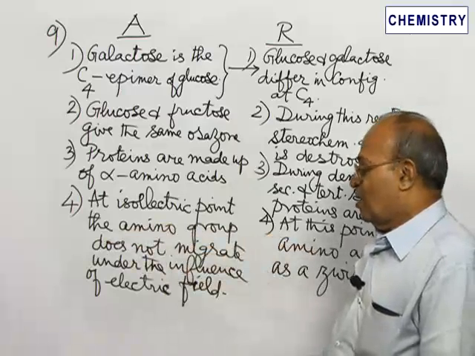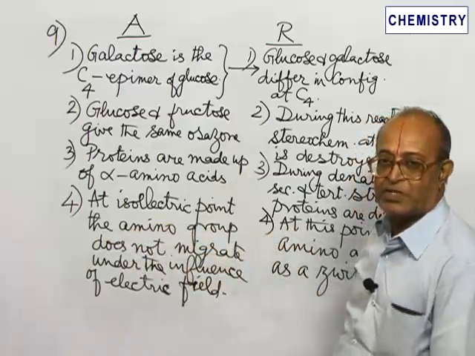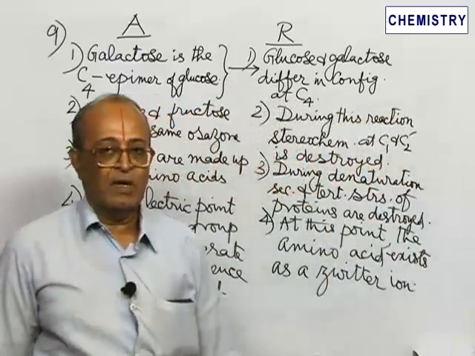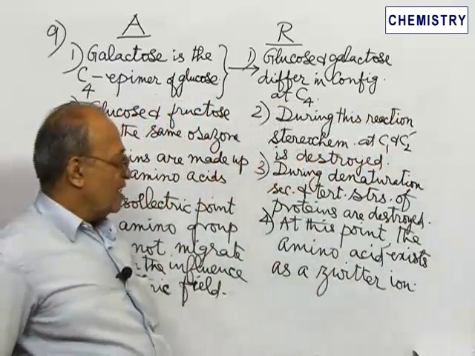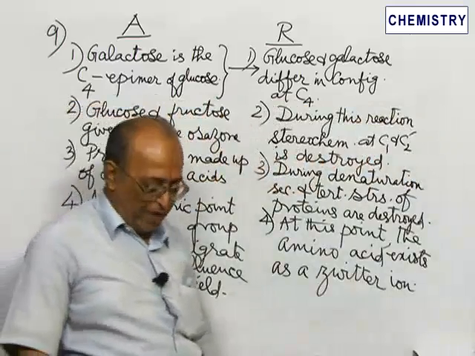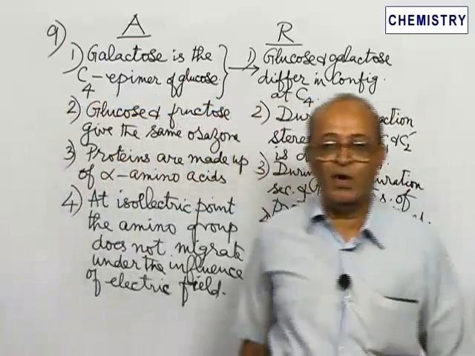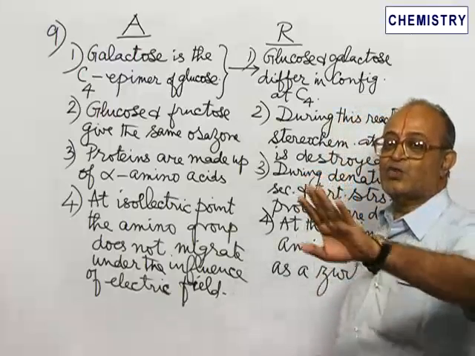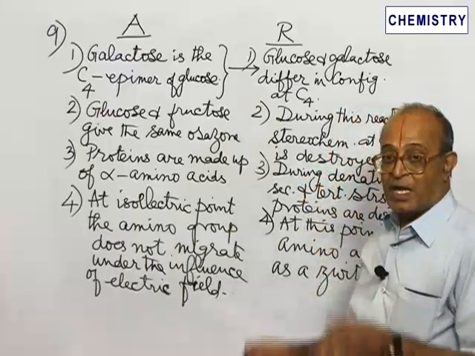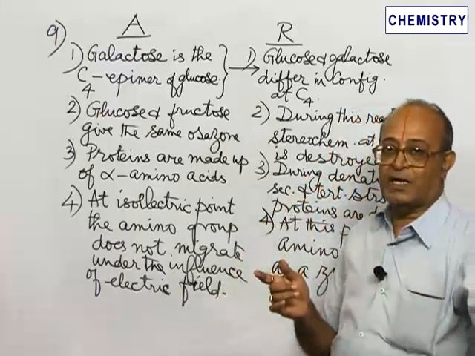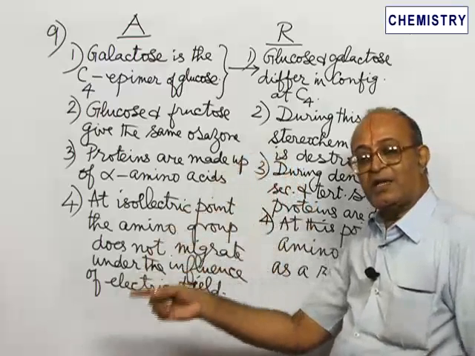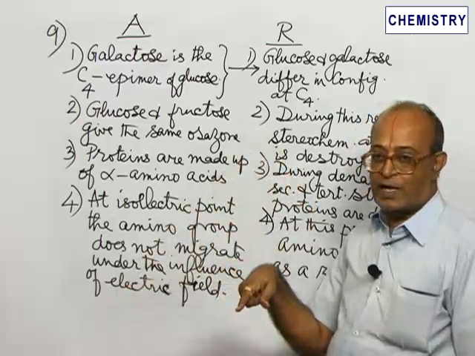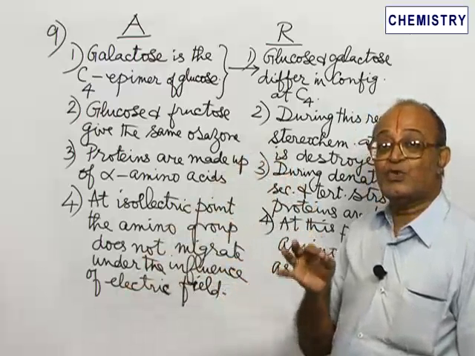But for any amino acid, there is a pH at which this amino acid exists as a dipolar ion or Zwitter ion. That means the same molecule has a cation at one end and an anion at the other end. That is why it is called a dipolar ion or Zwitter ion.